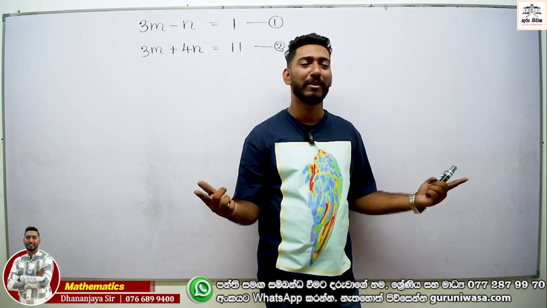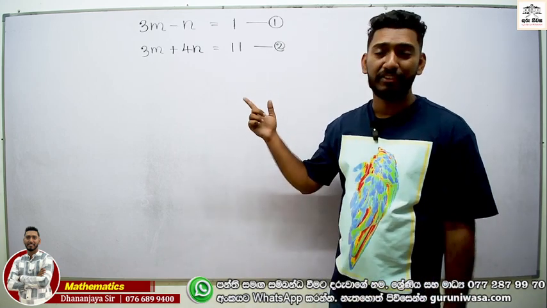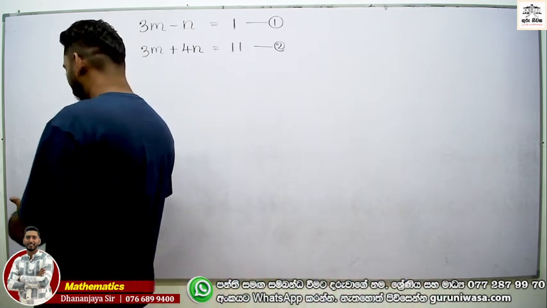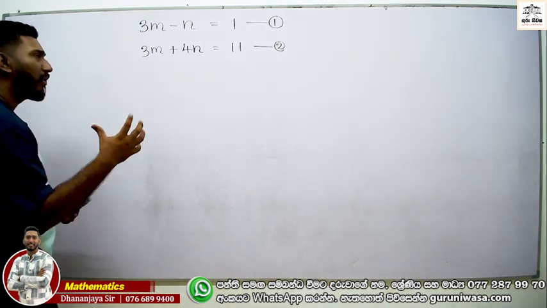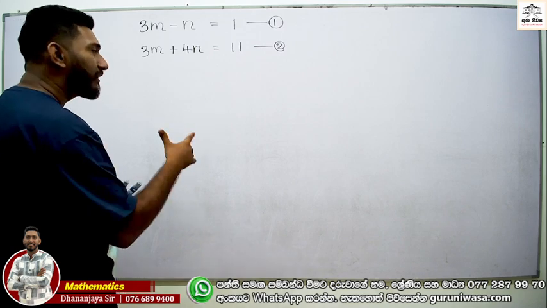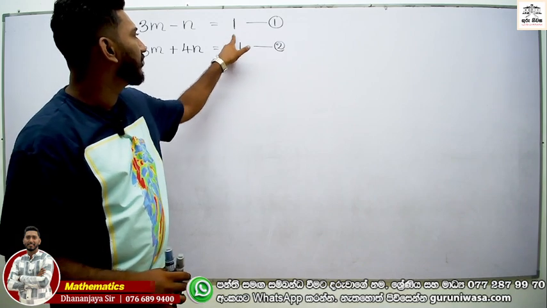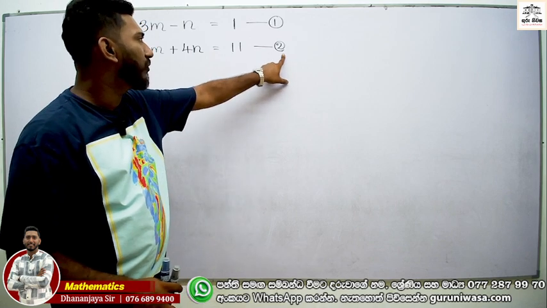Subtract. Yes, subtract. We have equal signs. Now we are going to subtract. But be careful. In subtraction, the trick is we have to subtract the smallest one from the greatest one. Now, equation number 2 is the greatest one because this is 11 and this is 1. Therefore, equation number 2 is the greatest one.